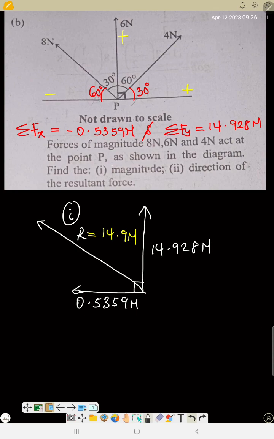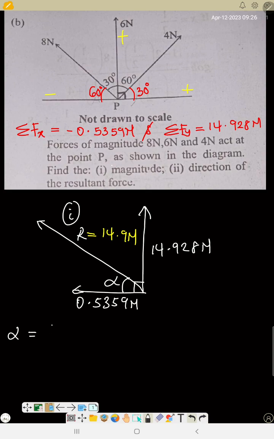So for the direction of the resultant, if I choose here to be my direction of the resultant to the horizontal, so that is alpha to the horizontal, that means tan alpha is equal to opposite over adjacent, or generally now, so that I will not be using tricks.